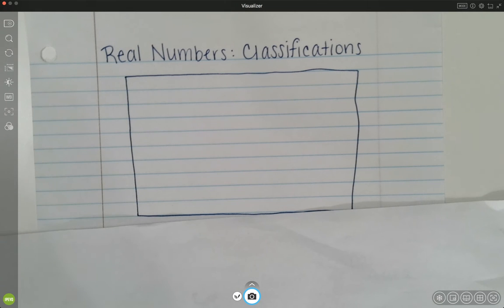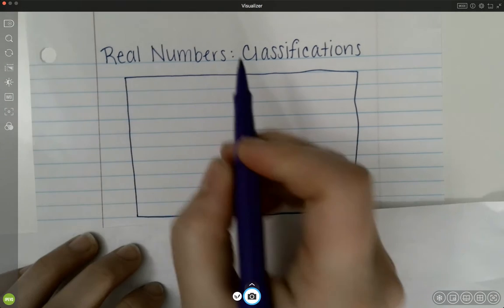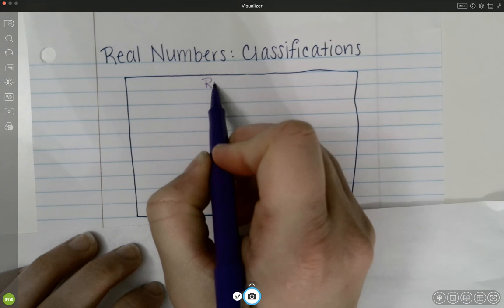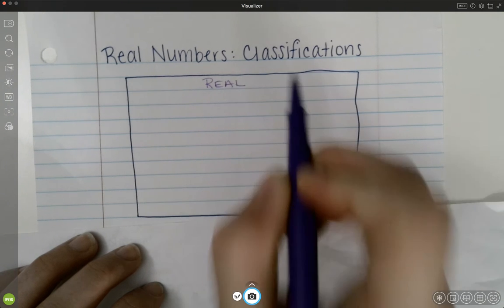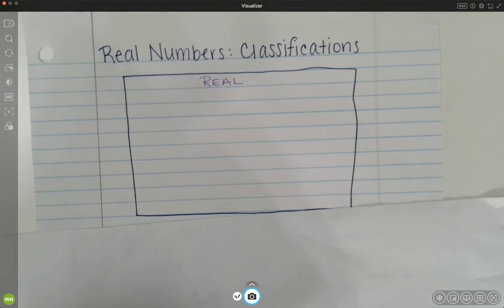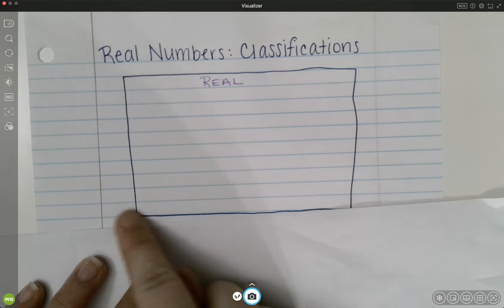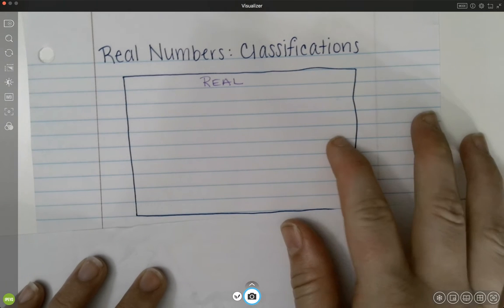First and foremost, every single thing that can go into this rectangle is called a real number. Yes, there is such a thing as fake numbers, but real numbers are any numbers that exist in our realm of math. Anything that fits into this rectangle is considered real.